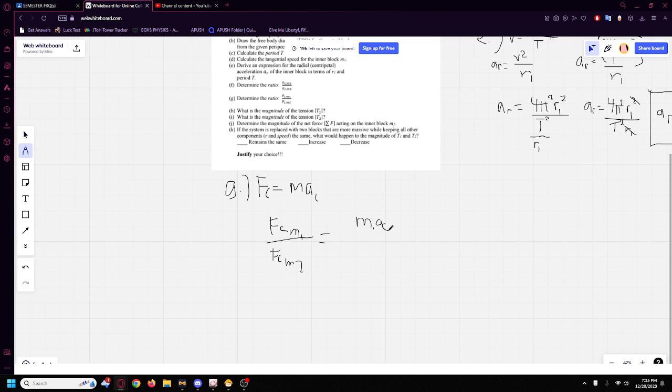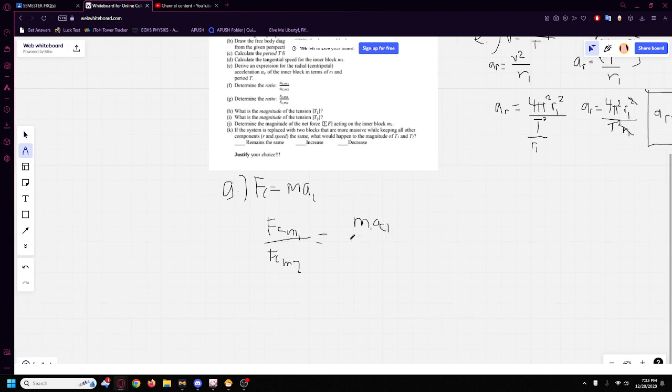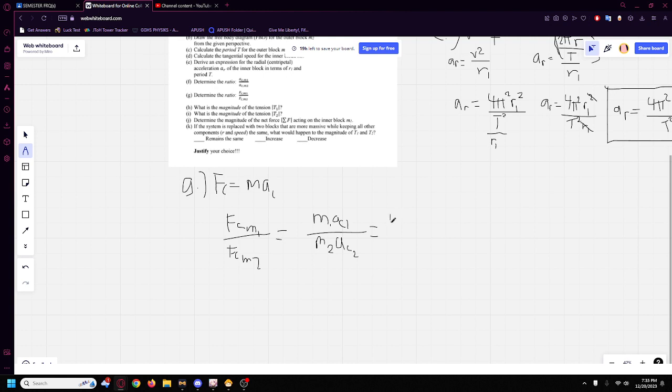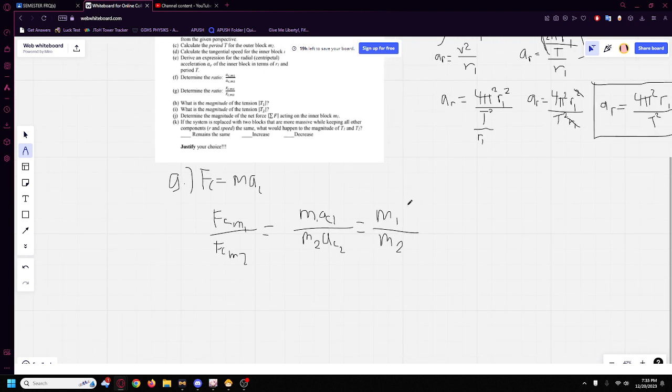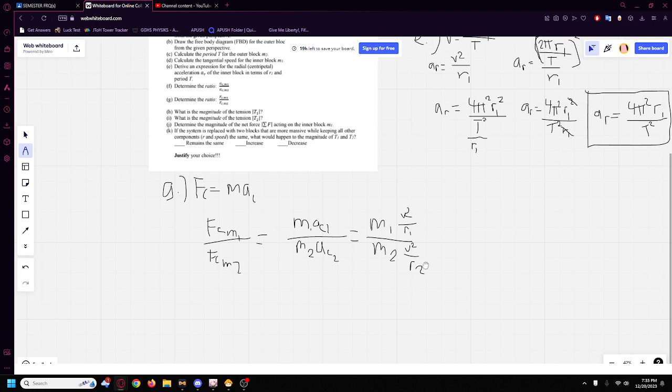M1 AC1 over M2 AC2. And M1 over, I'll break up AC into V squared over R1 and V squared over R2.